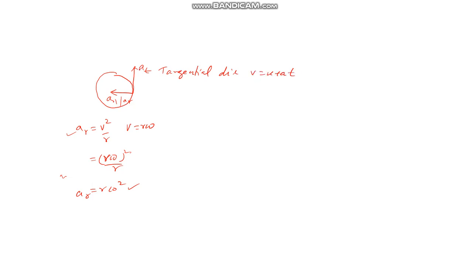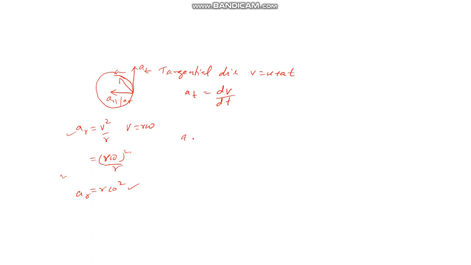Now how do we find AT? It is dv by dt. Suppose any velocity function is given, you differentiate it with respect to time, you get the AT value. I told you that this is a vector and this is a vector, so this will be the net acceleration.